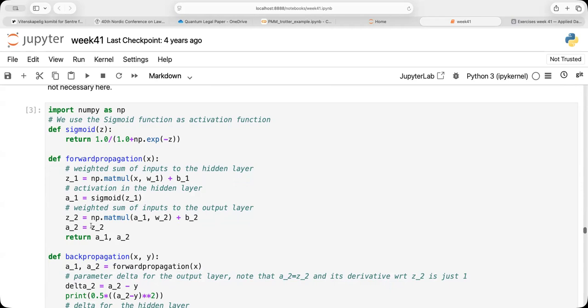So in a regression case, your output layer does typically not have an activation function. It just spits out the final value. And that should be the value of the function. But then you can have many different activation functions for the different hidden layers. But just keep that in mind.